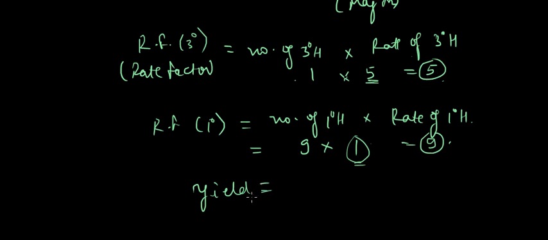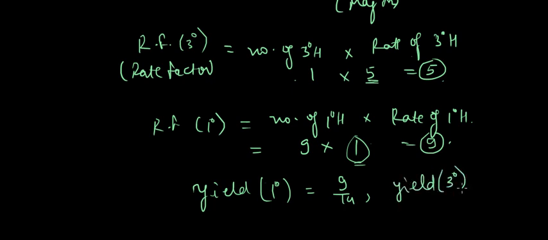So the yield for 1 degree substitution would be 9 divided by 14, and the yield for 3 degree is 5 divided by 14.